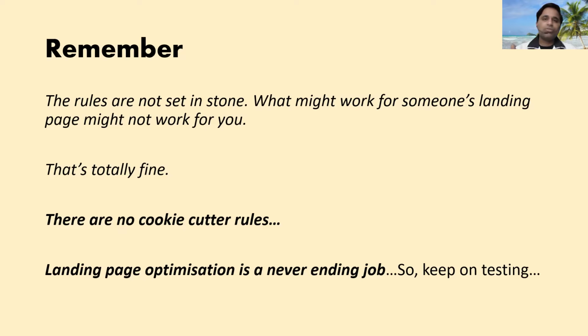Whatever strategy you may use, you may use a big call to action, you may use a small call to action, but whatever strategy you use, if you are getting conversion rates, then that strategy is working for you. So ultimately, the ultimate test of your landing page is conversion. And how to get that conversion? To implement different testing strategies, like A/B testing, for your landing page is absolutely necessary.